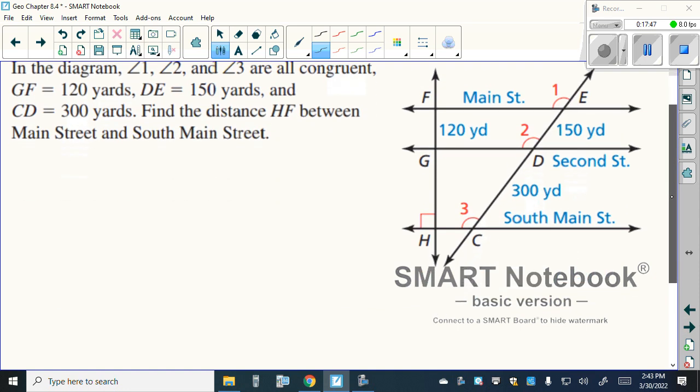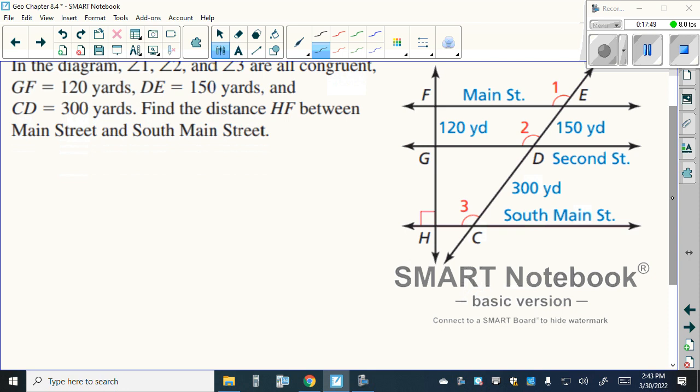So if we look at this here, Main Street, 1, 2, and 3, these angles are congruent, which is just telling us that these 3 streets are going to be parallel to each other. Now we know that this length is 150, and this one is 300. We also know that this length is 120, and this is x.